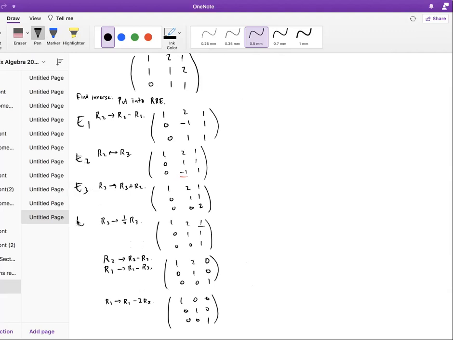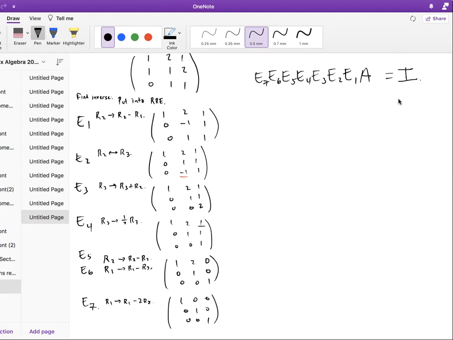So all these row operations I'll denote by E's, which I haven't even defined yet, but these are called elementary matrices, which I'll define, but we don't really need to define right now. So the idea is that at each step, we multiplied by matrices that were row operations. And we got the identity back.